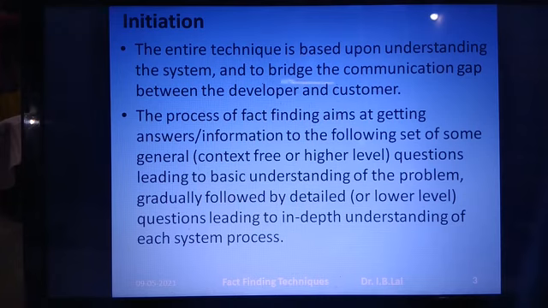So in the beginning, the system analysts or software engineers with the customers attempt to know the high-level requirements, the basic understanding of the problem. Unless the problem is clear, the requirements cannot be perfectly determined. So initially they attempt to understand the basic level questions, and that leads to in-depth understanding of each process of the system.